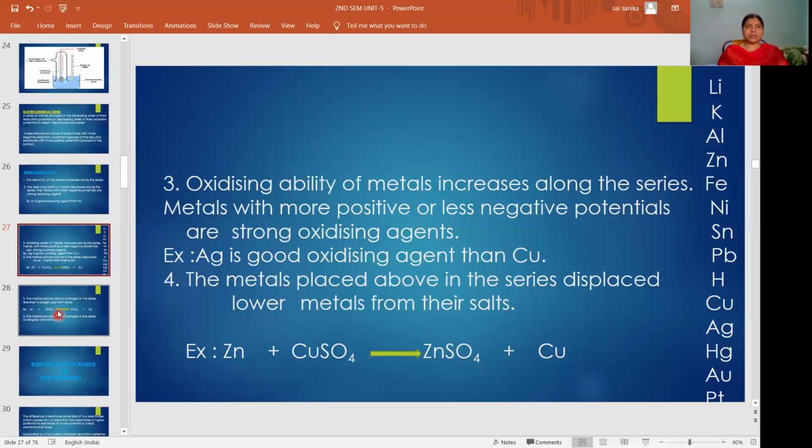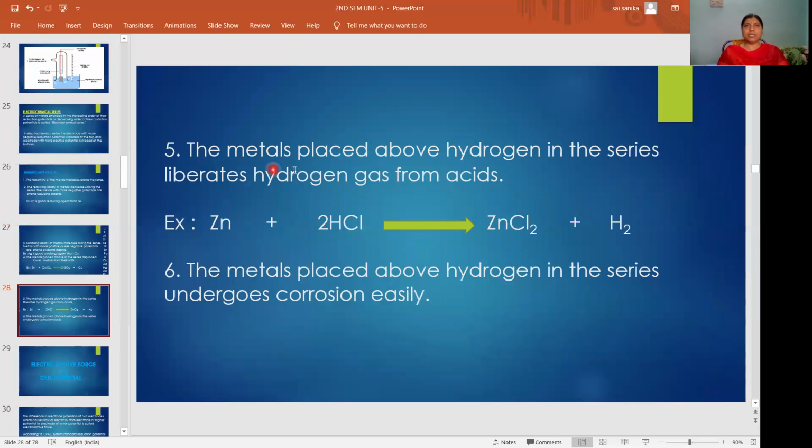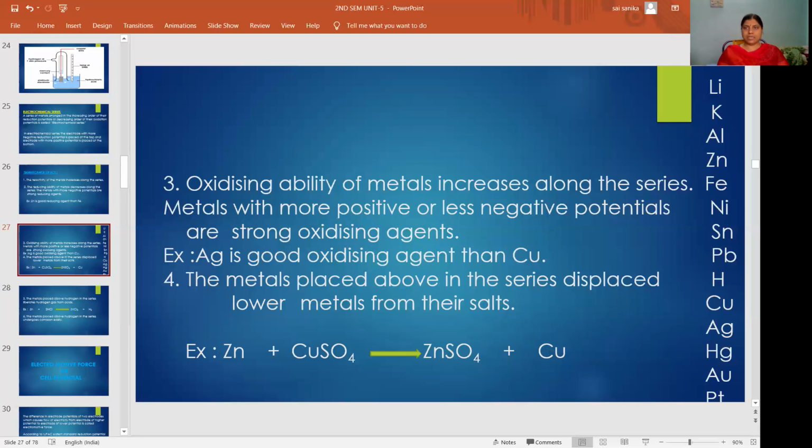Okay. Then next come to the fifth point. The metals placed above hydrogen in the series liberate hydrogen gas from acids. So whatever the metals present above hydrogen, they will liberate hydrogen gas from acids. So here, this is hydrogen, above hydrogen, any metal if you add to acid, so what happens?